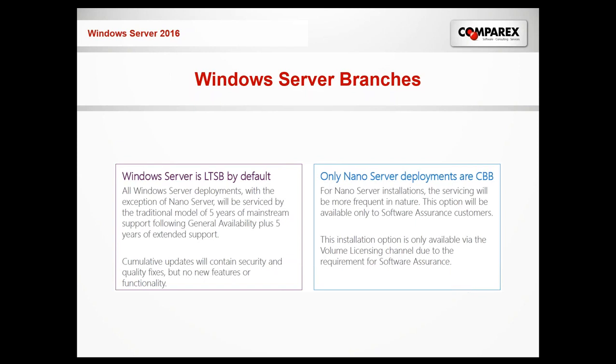When software assurance is not renewed, you still have the Nano Server and you get the feature updates. Microsoft won't stop it, but you'll be incorrectly licensed. You know, of course, the long-term service branch, you can choose to postpone the feature updates forever, and the current branch for business, you'll get them automatically.